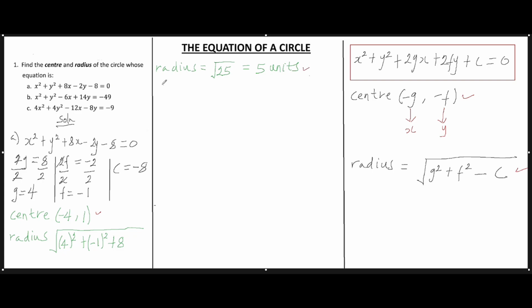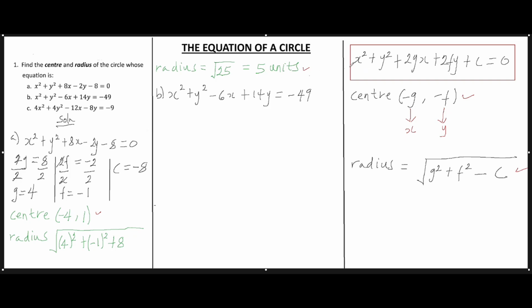Let's also do that of circle B. So circle B, we have the equation x squared plus y squared minus 6x plus 14y, and this must be equal to minus 49. Again, let's compare circle B to the general equation of a circle.